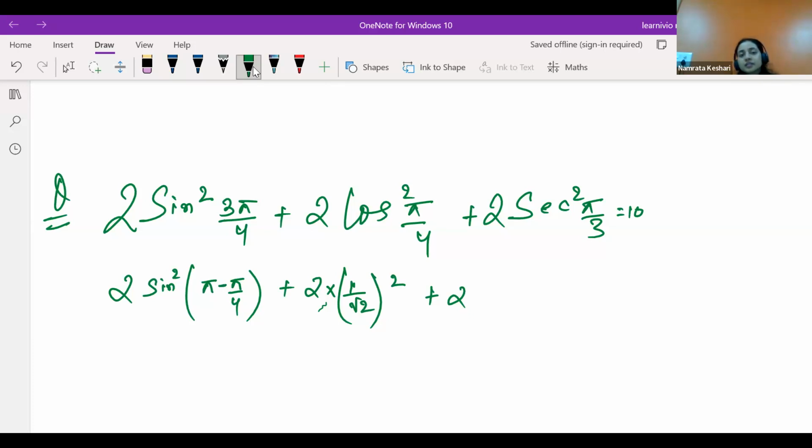Cos 60 degree is root 3 by 2, sec 60 degree is 2 by root 3. Is it 2 by root 3? Ma'am, I say 1 by root 3. Is it 1 by root 3?